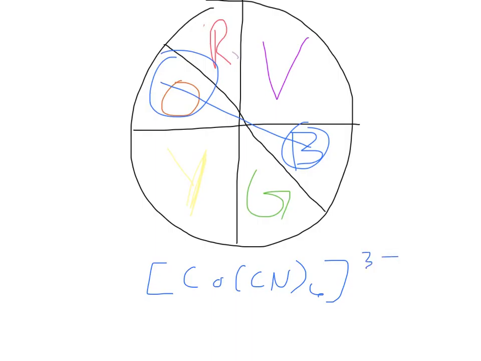So we would expect it to absorb very, very violet, almost dark, dark black absorbance. So we would get a clear solution. And also because it is a low spin, which means it has short wavelength and high frequency.